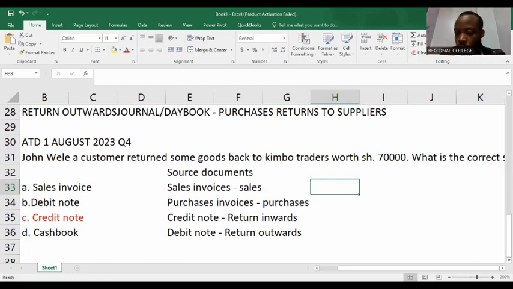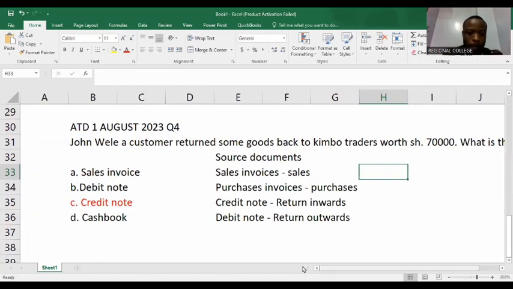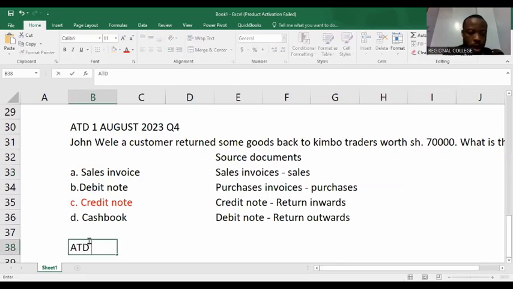Then if you go to question number 42, still ATD1, question 42 of August 2023.